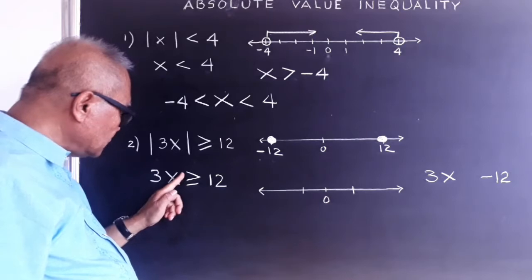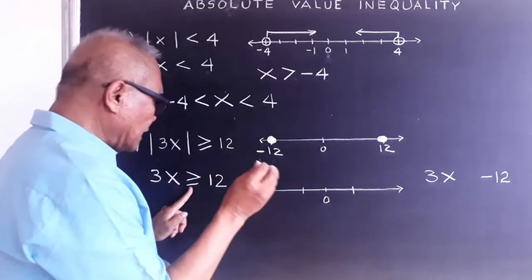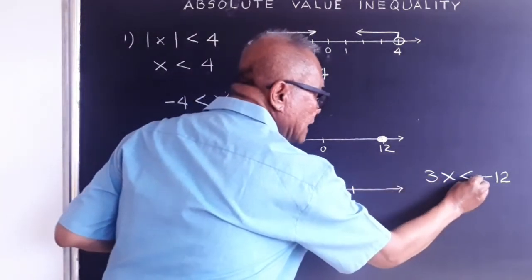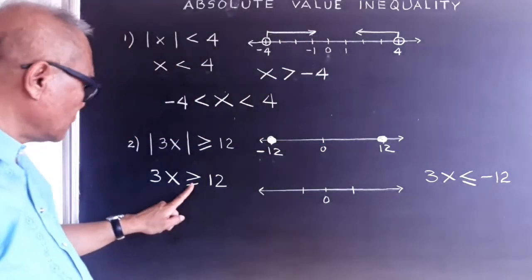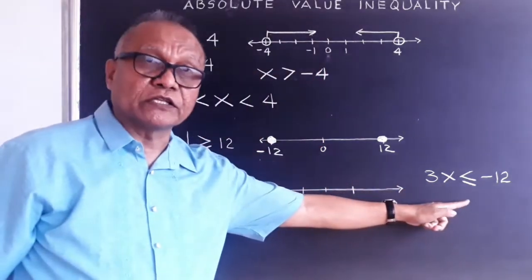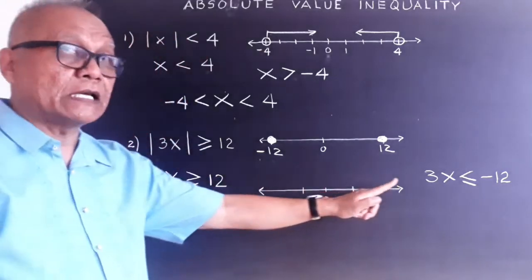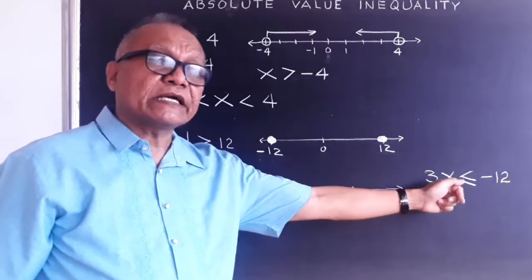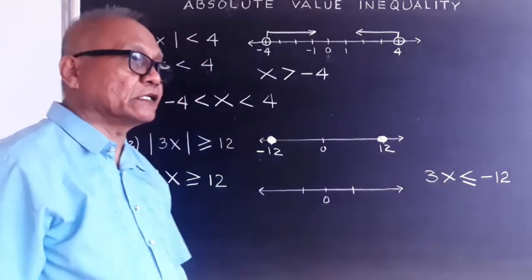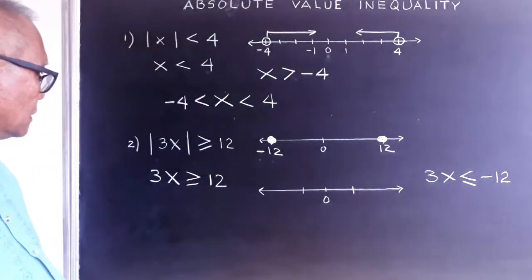From greater than or equal to, it will become less than or equal to negative 12. So, take note of the orientation of the inequality. We change it only when we multiply by a negative sign, negative 1 if you like. Then we solve.